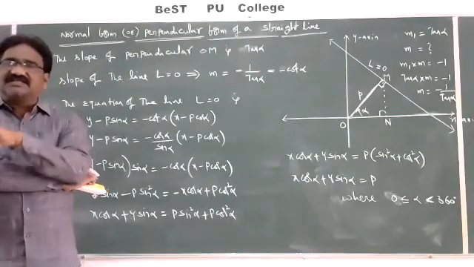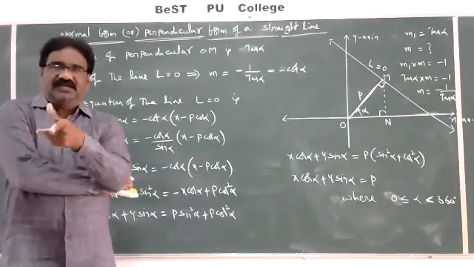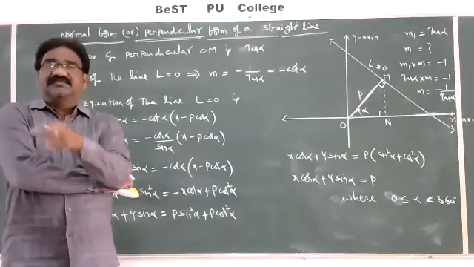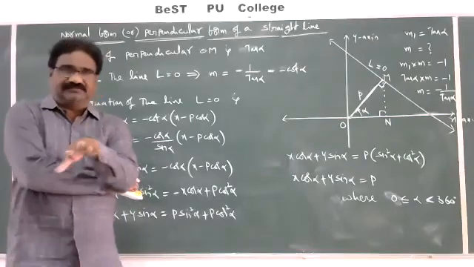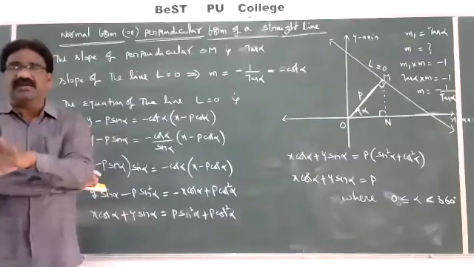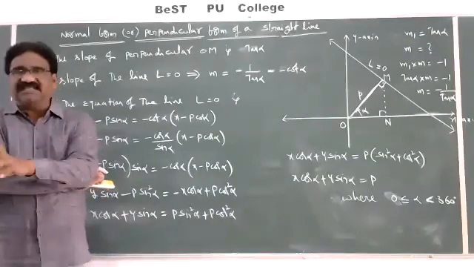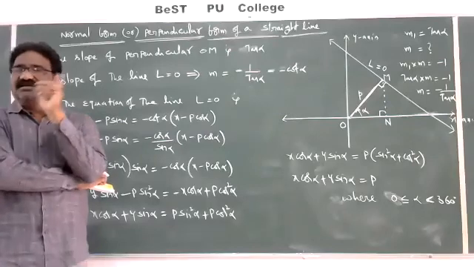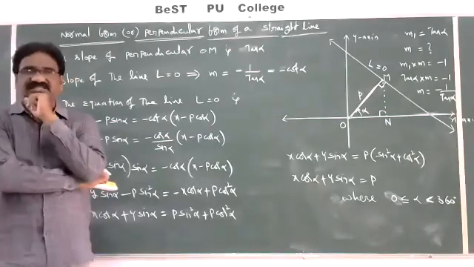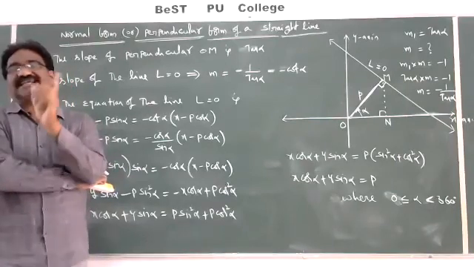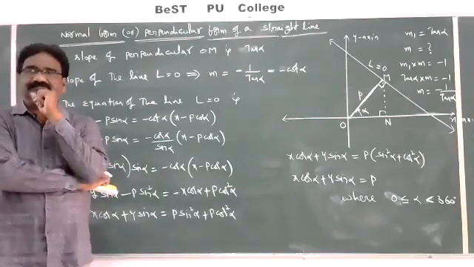If the intercepts are 0, the line passes through the origin, y is equal to mx or y is equal to minus mx. Y is equal to mx, the line lies in the first and third quadrants. Y is equal to minus mx, the line lies in the second and fourth quadrants.